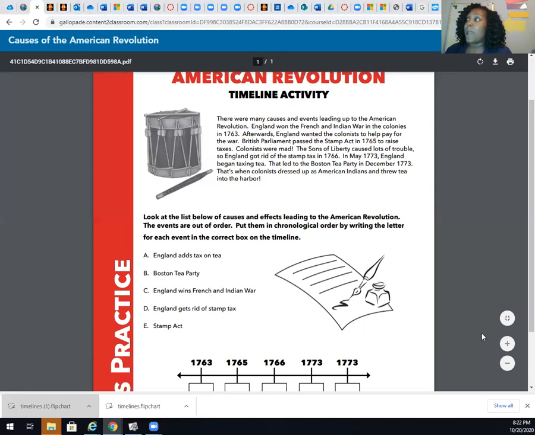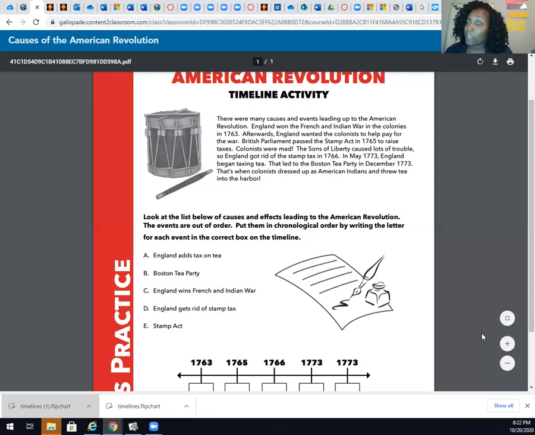British Parliament passed the Stamp Act in 1765 to raise taxes. Colonists were mad. The Sons of Liberty caused lots of trouble, so England got rid of the stamp tax in 1766. In May 1773, England began taxing tea. That led to the Boston Tea Party in December 1773.